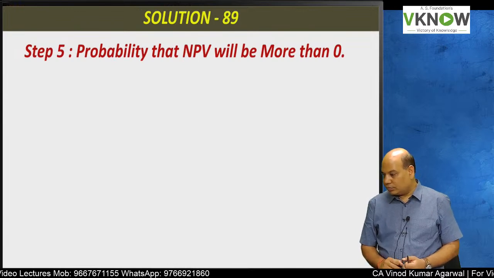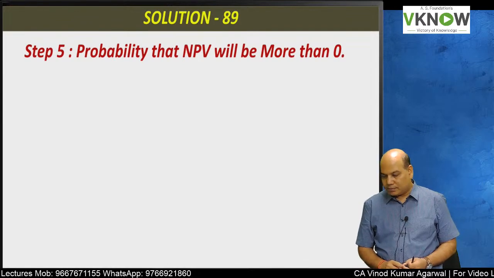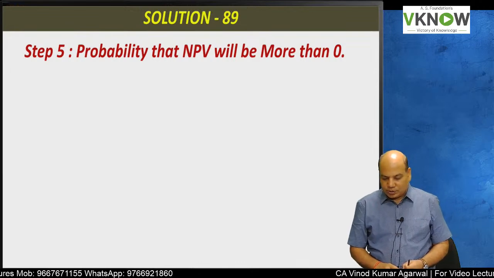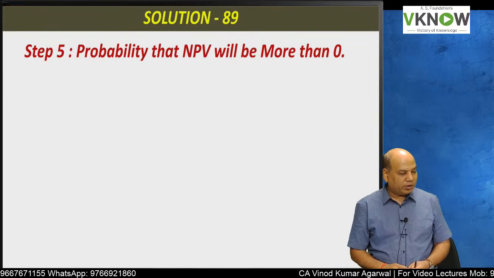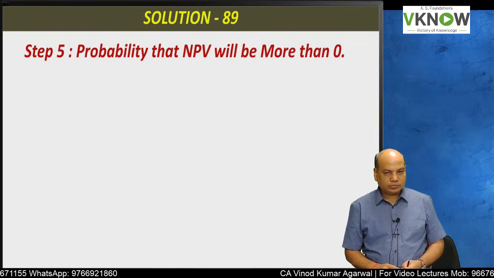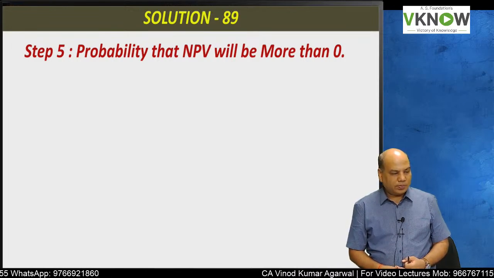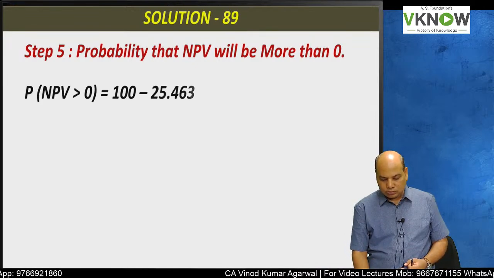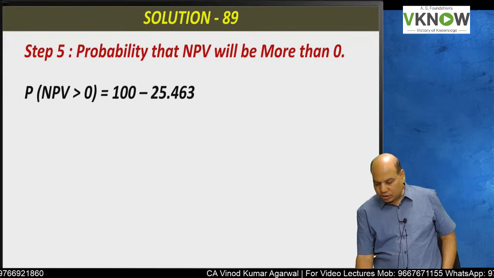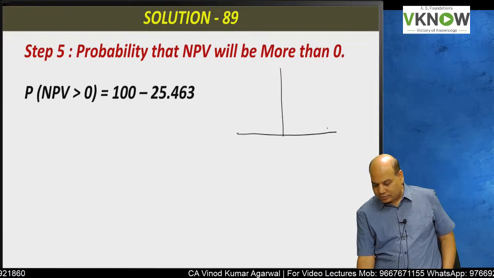Now write down step number 5, probability that NPV will be more than 0. Now more than 0 means, draw the diagram.